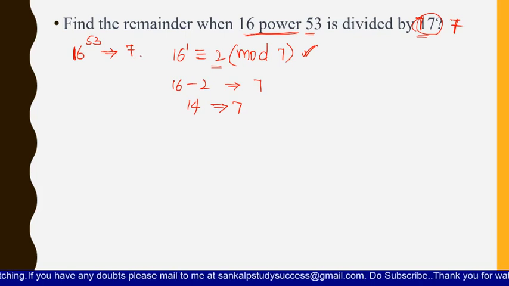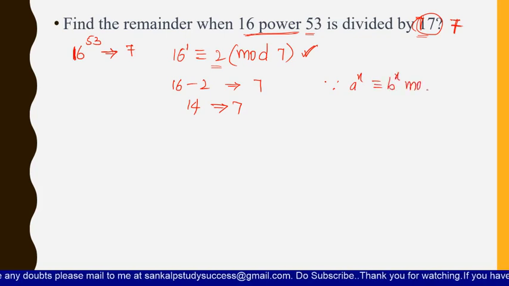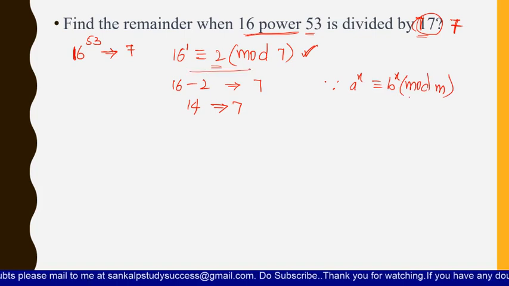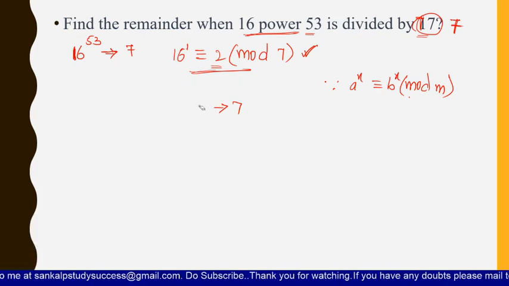Now we have a property which is, since a to the power of x is congruent to b to the power of x mod m, right? So from this equation, what can you do? We can just write it as it is, of the form a power x is congruent to b to the power of x mod m.